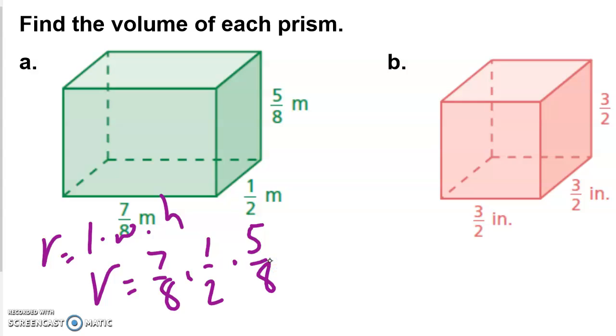Okay. As you look for cross-canceling, unfortunately, I don't see any. So that means 7 times 1 is 7, times 5 is 35. 8 times 2, 16. 16 times 8, you end up with 128 meters cubed.